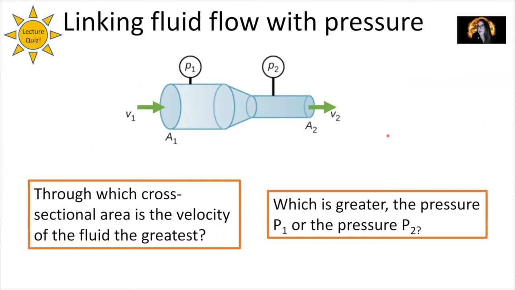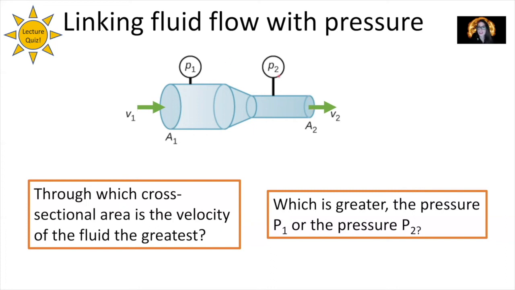So I'm going to ask you to apply, before you forget, the equation for mass continuity and the equation for Bernoulli's principle in order to answer this question right here. We've got a pipe that narrows to a smaller cross-section, speed v1 coming in on the left, speed v2 exiting on the right, cross-sectional area A1 on the left, and cross-sectional area A2 on the right.